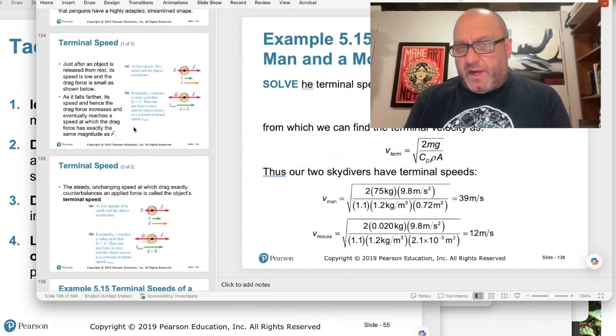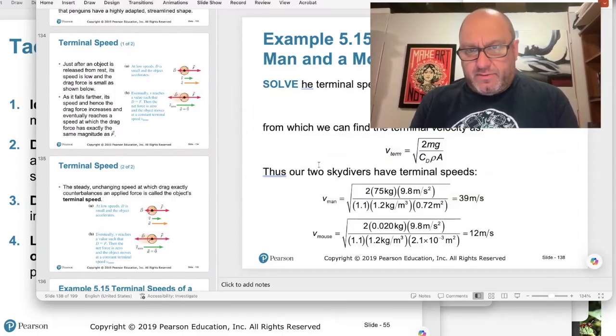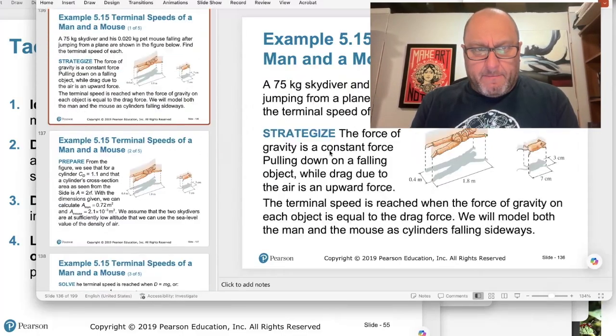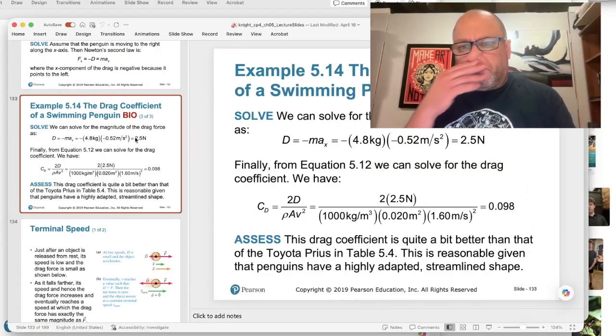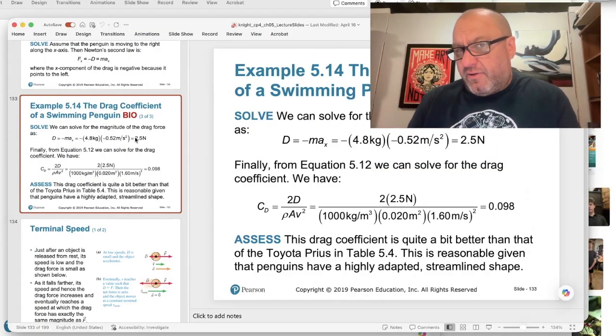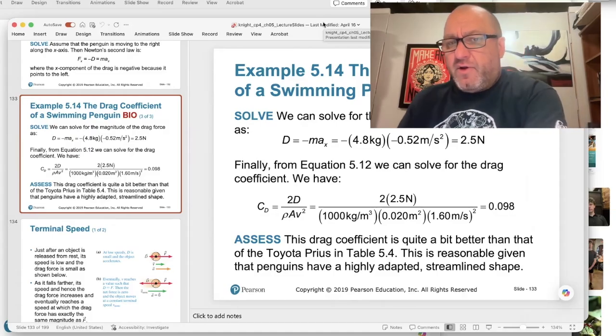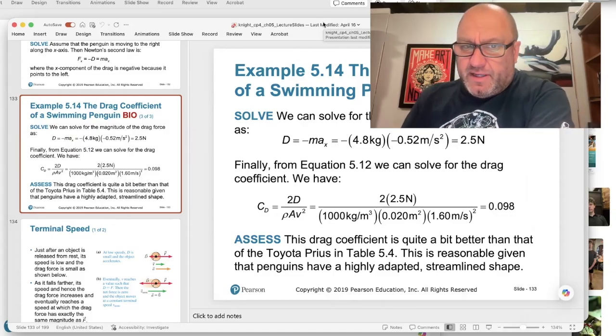Let's start by writing down all of the forces on our parachuter, and then we're gonna go from there. But first we're gonna write down the force of drag, basically.